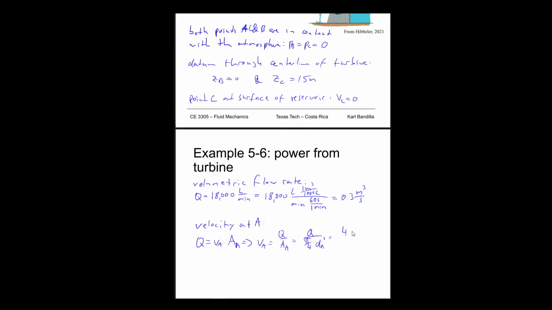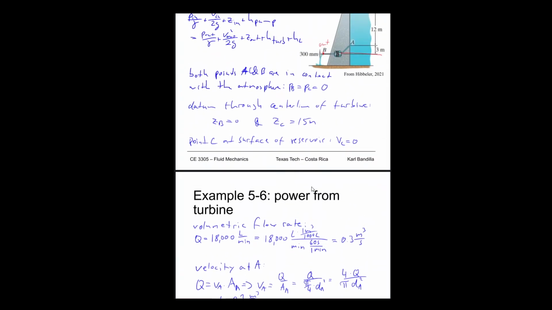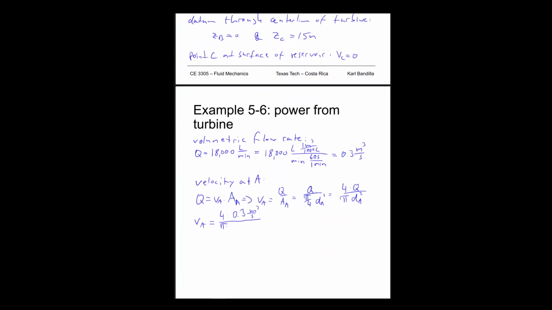That simplifies to 4 times Q over pi dA squared. That means VA is equal to, if we plug in numbers, 4 times 0.3 cubic meters per second divided by pi times, what's our diameter, 300 millimeters. Writing this all for at A, it's all like for B.